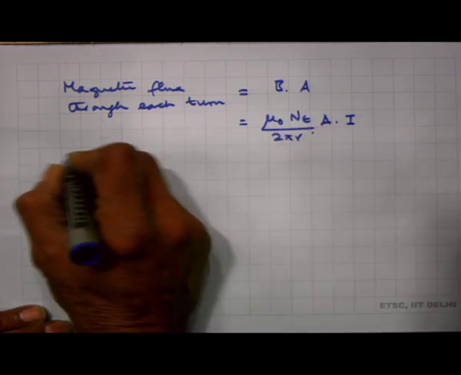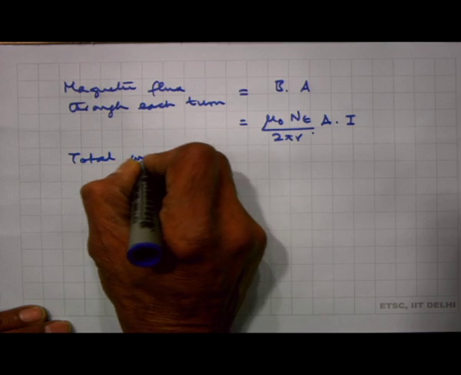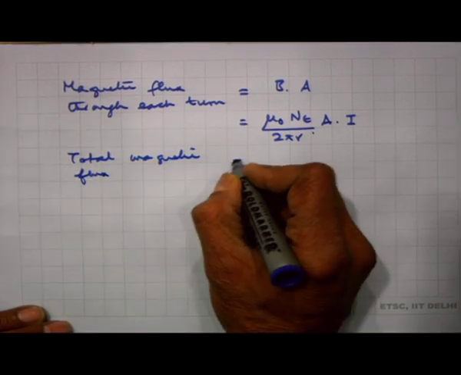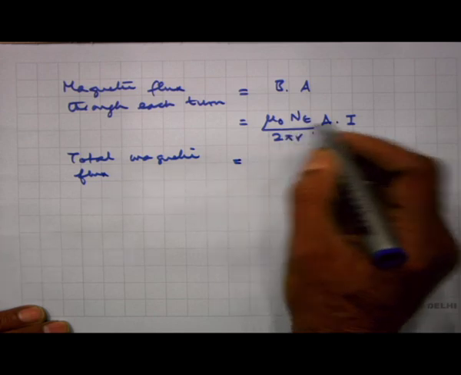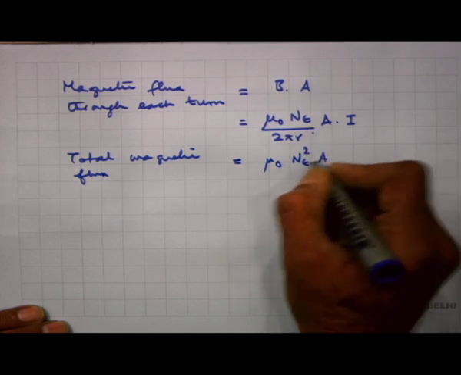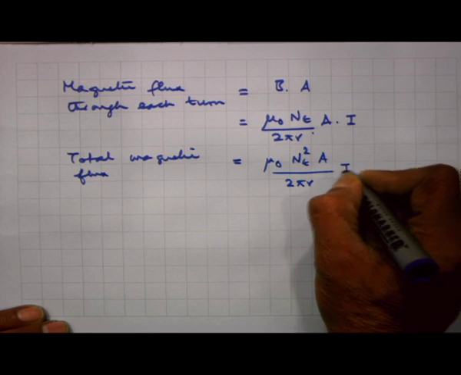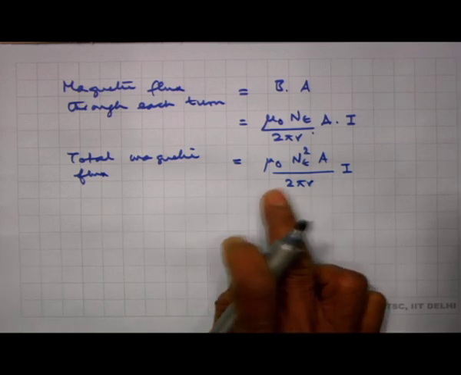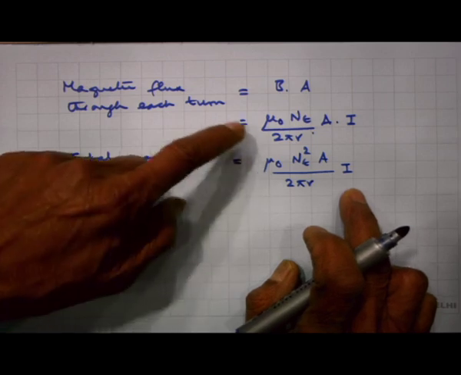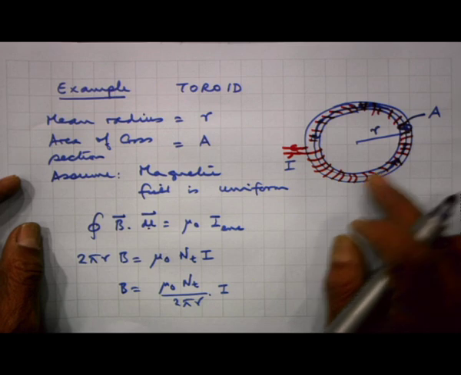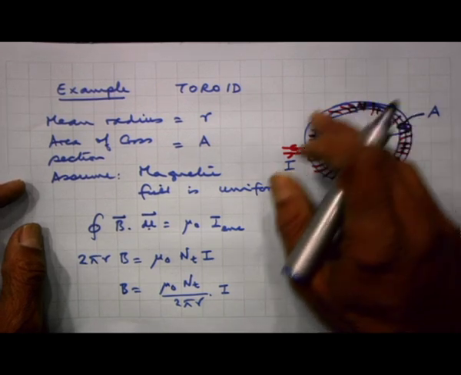So, the total magnetic flux linking all the nt turns of the toroid is obtained by multiplying this by nt. So, you will get mu naught nt square A by 2 pi r into I. This is because each of the loops of the toroid encloses a flux, magnetic field into area, and there are nt loops.